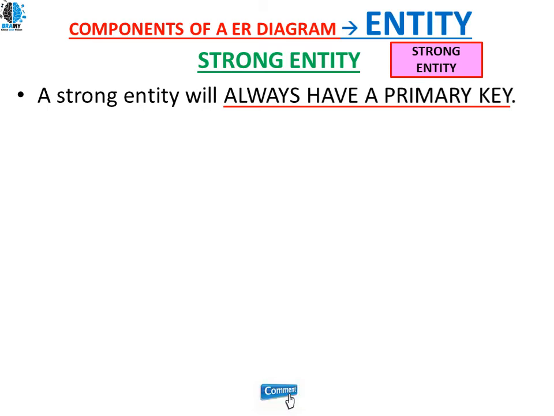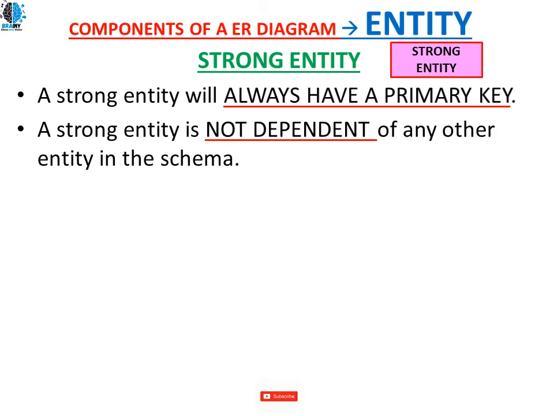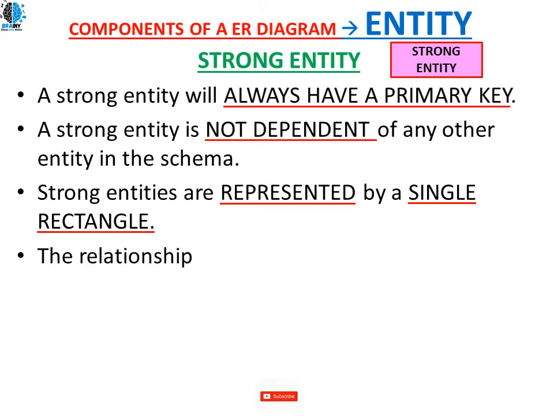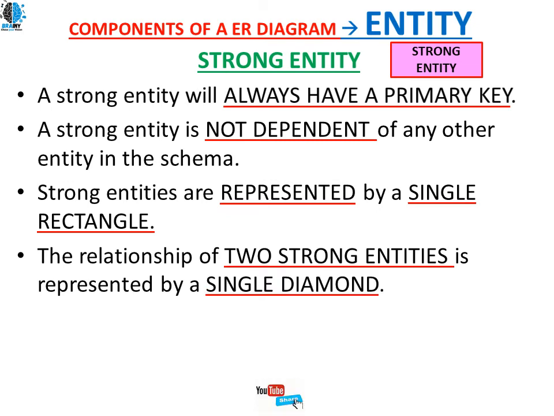A strong entity is not dependent on any other entity in a schema. Strong entities are represented by single rectangles. The relationship of two strong entities is represented by a single diamond.